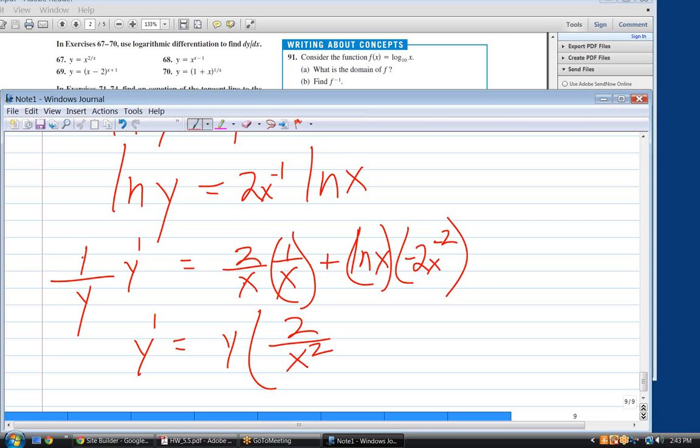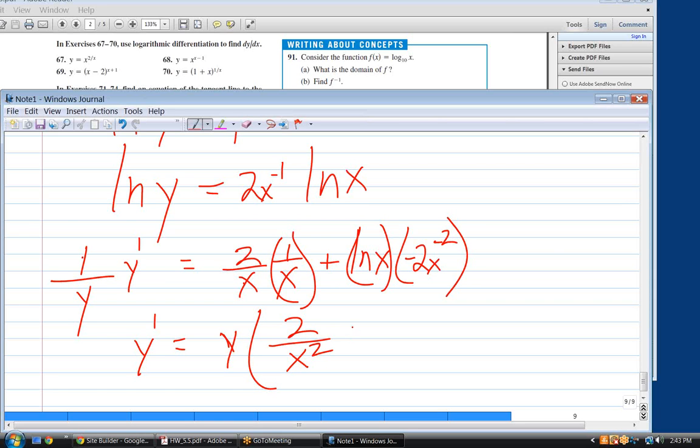Okay, so she didn't resubstitute. I have a choice. I can go back and substitute x to the 2 over x for y, because that's what y is. But I can leave a y in the answer. A lot of times when you implicitly differentiate, you get an answer that has x and y in it.